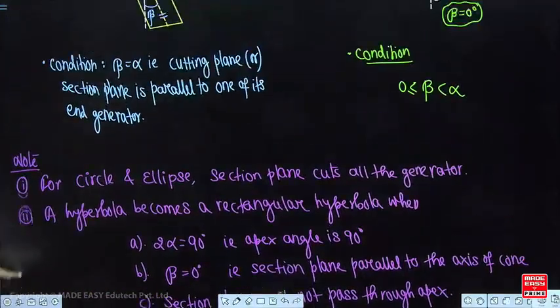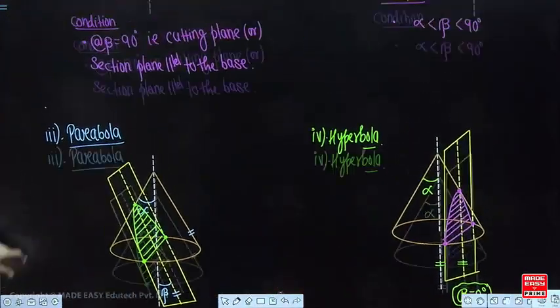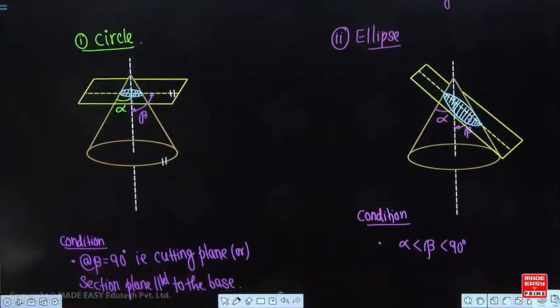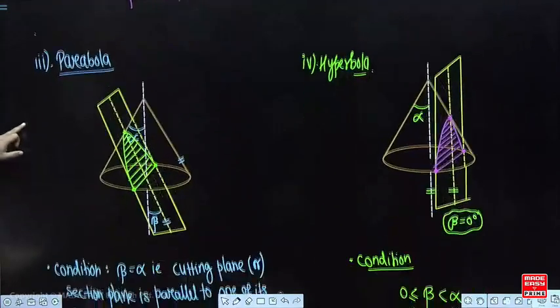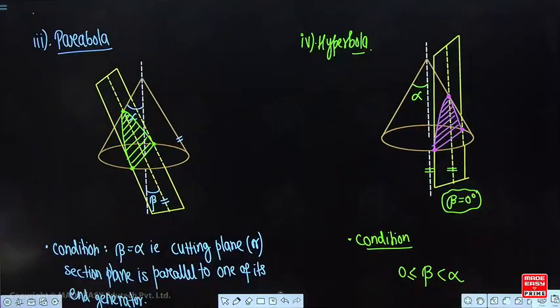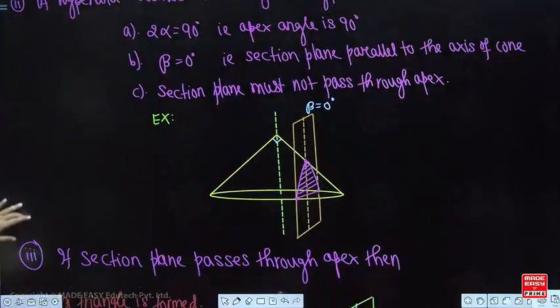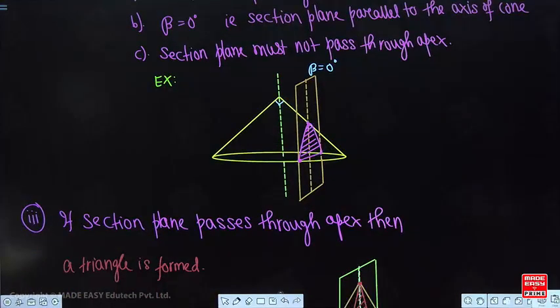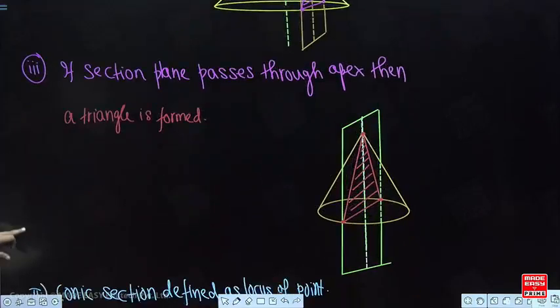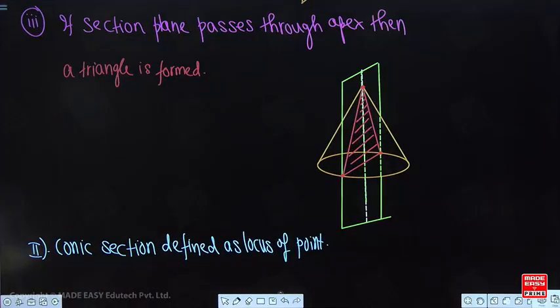So the first figure is about circle and ellipse. The second figure is about parabola and hyperbola. Next figure is for rectangular hyperbola. Next is for the triangle.